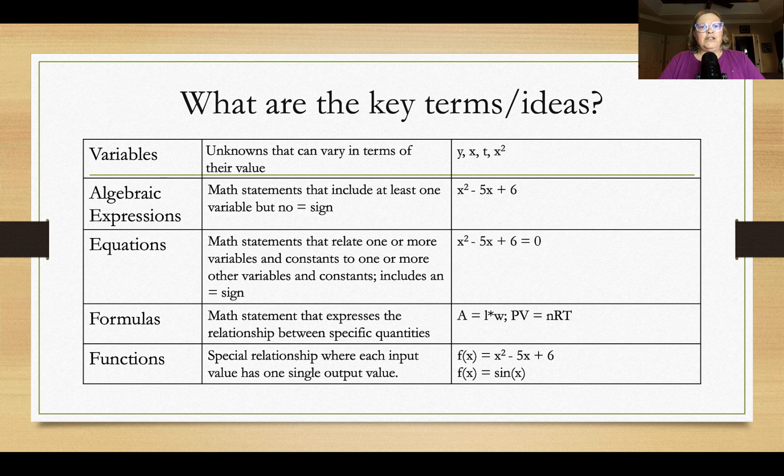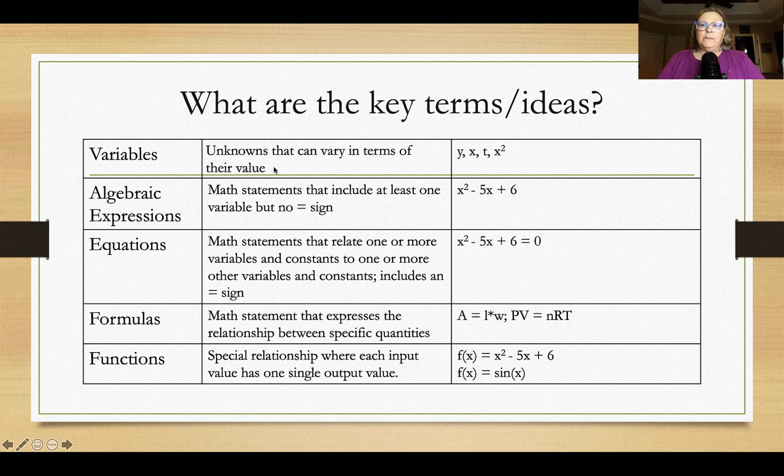All right, so in addition to PEMDAS, I want to go through vocabulary or key terms and ideas. Here's a list of key terms: variables, algebraic expressions, equations, formulas, and functions. Variables are unknowns that can vary in terms of their value.